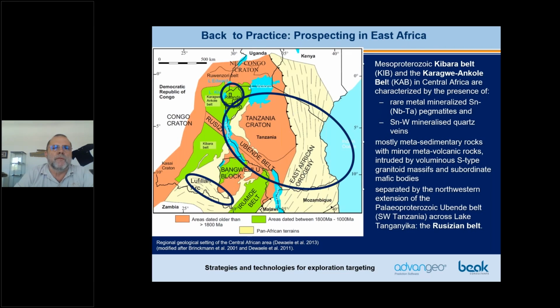East Africa has the Tanzanian craton, the famous Kibaran belt, famous for its gold deposits, and tin and tantalum deposits here in Rwanda, Tanzania, Burundi, and the Lufilian arc stretching from DRC to Zambia with its huge copper deposits.